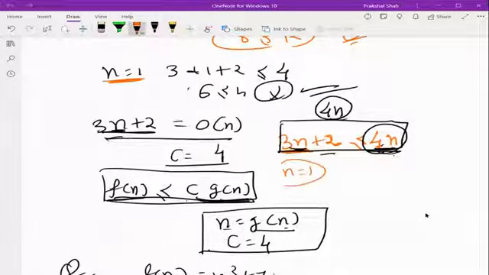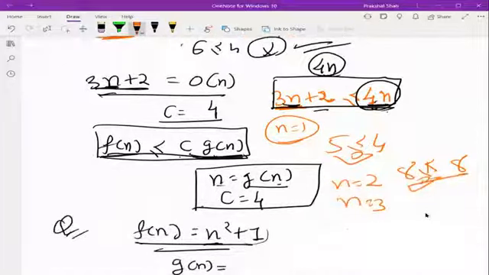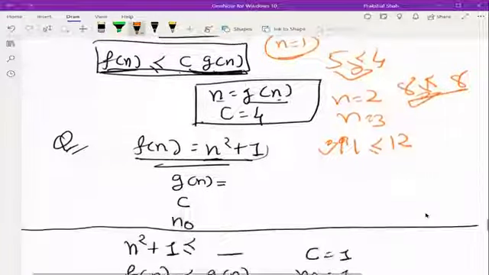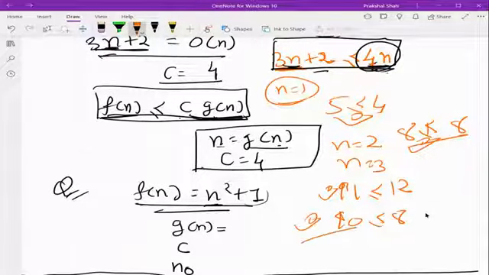For n equals 2, 3 into 2 is 6 plus 2, 8 less than or equal to 8, it is following. For n equals 3, 9 plus 2 is 11 less than or equal to 12, it is following. For n equals 4, 12 plus 2 is 14 less than or equal to 16, it is also following. Yes or no, people? For 1 it is not true.